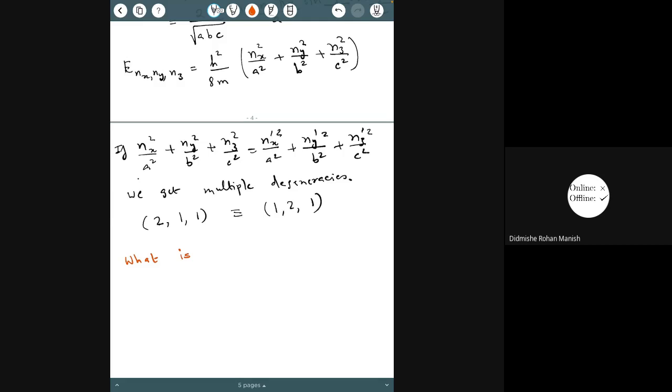But again, if you have a repeat of numbers, then that gets reduced. And if you have something like 1, 1, 1, then that is not degenerate. Just to consider, this is a very common question. So just think about it a little bit: which ones are degenerate and what is the degeneracy.